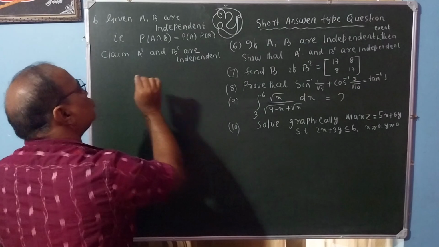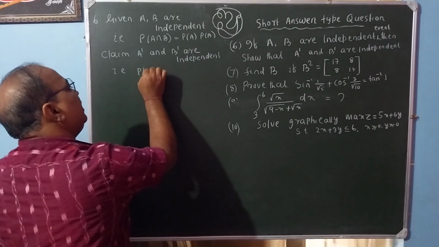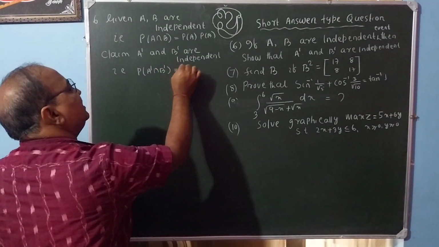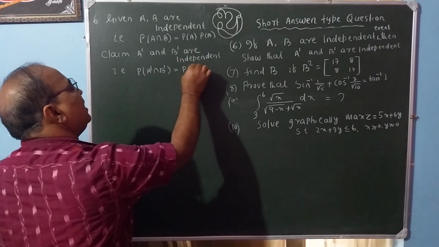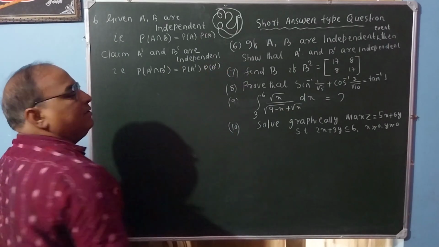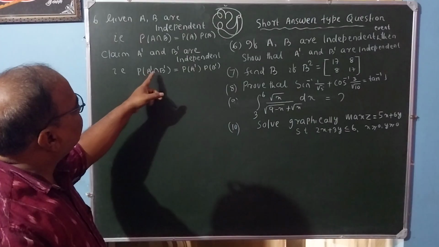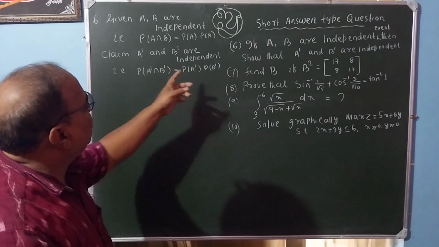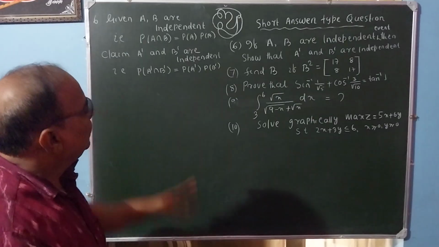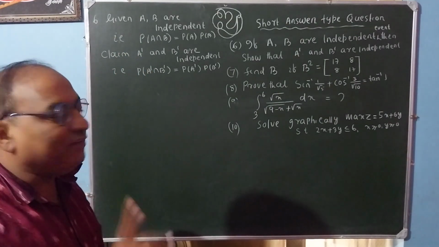That means we have to show that probability of A dash intersection B dash is equal to probability of A dash into probability of B dash. If we show this, then A dash and B dash are independent by definition.